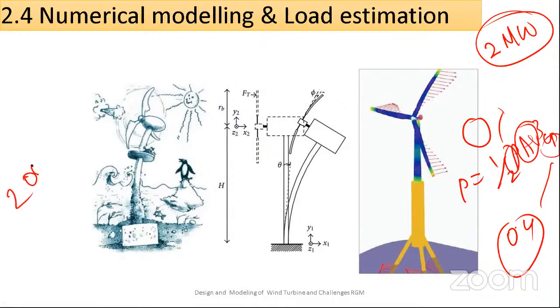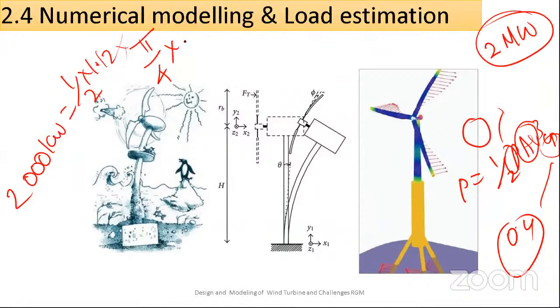That is 2000 kilowatt equal to half rho, for example 1.12 kilogram per meter cube, area equal to pi by 4 d square, into v cube. Now I know the v cube, that is standard, say 6.5 cube, into 0.4.